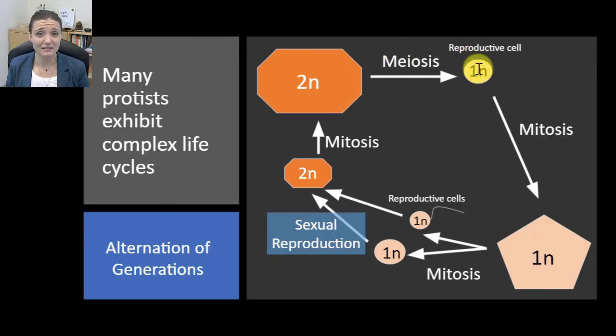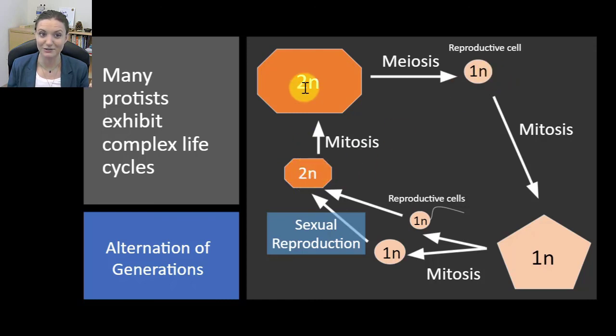Those haploid cells can go through mitosis to produce more haploid cells. So we can have, in plants too, as we'll see, entire life stages that are multicellular, where all the cells are haploid. Then some of those specialized haploid cells will produce gametes, those reproductive cells, the sperm and egg, which can recombine to go back to the diploid stage and then go through this whole thing again.